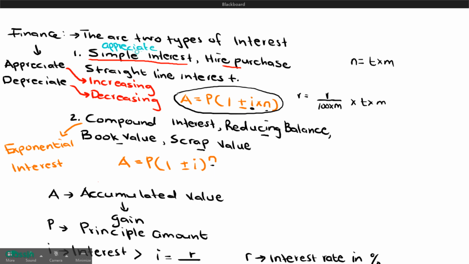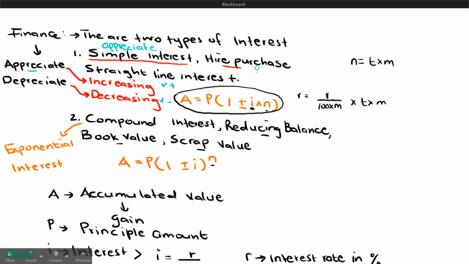If they just say simple interest, what is the word? Appreciate. And if they say straight line appreciation, or sometimes they will say straight line depreciation. Once you see the word appreciate, it is going to increase, so it is positive. Once you see the word depreciate, it is going to decrease, therefore it is negative.